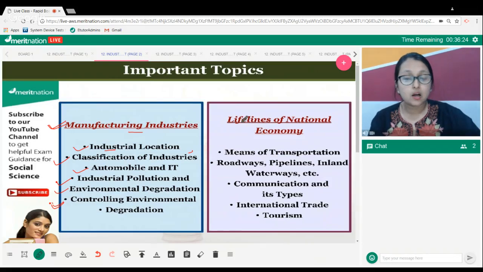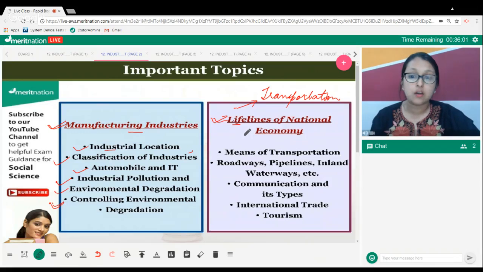Then we will come to your lifelines of national economy. Basically we will be studying about transportation. Why are we saying it is the lifeline of national economy? Because if there is any good, it cannot reach from the supplier location to the demand location without the use of transportation.